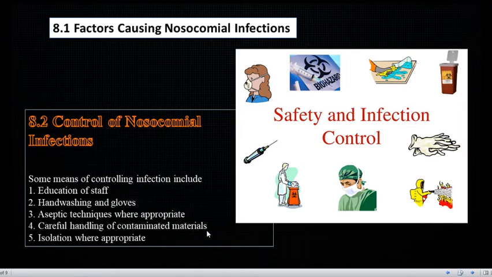So, dapat the hospital staff are able to identify which materials are to be thrown away or to be burned depending on the contamination level. And then number 5, isolation where appropriate. So, dapat naka-isolate ang mga patients that have extreme infections or the ones that can contaminate other patients.